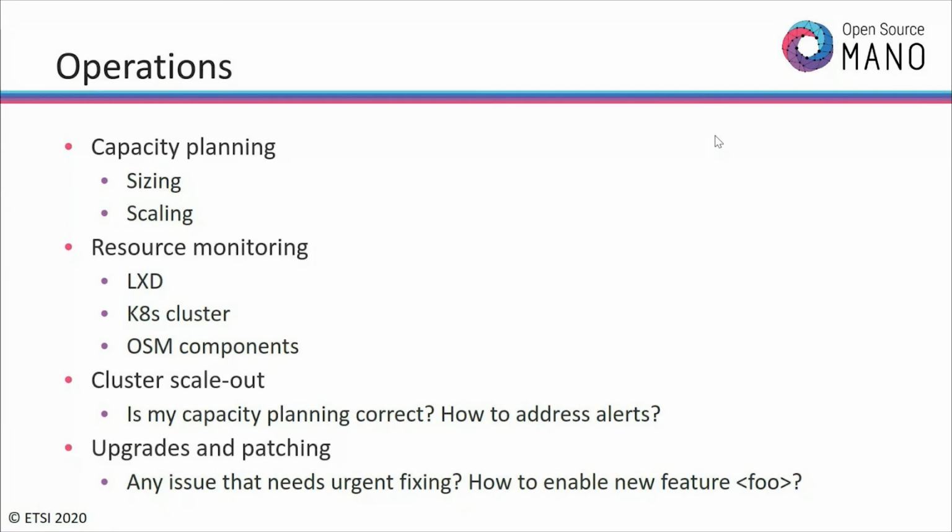Also, how to address alerts. So if you have a lot of VNFs, you need to be able to have an LMA stack that is able to address all the alerts that come from your VNFs.